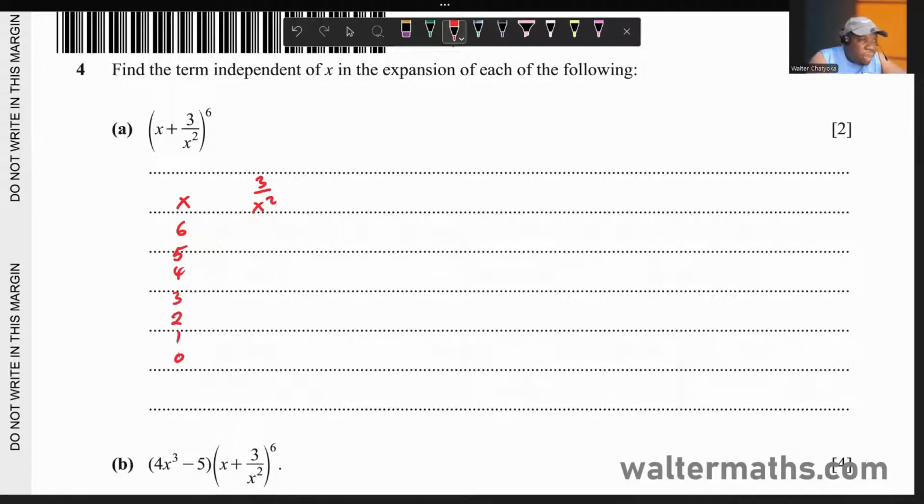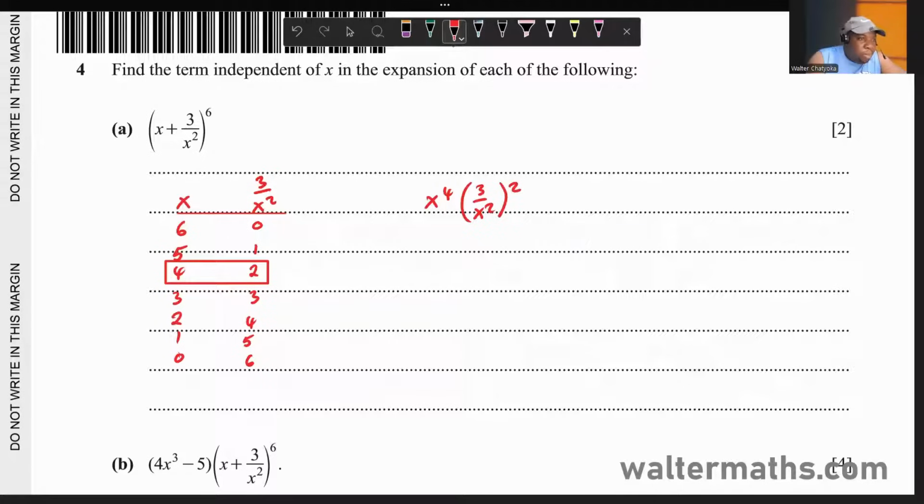The powers of 3 over x squared start from 0, then 1, 2, 3, 4, 5, 6. Now, to get a term independent of x, the powers of x and that of 3 over x squared have to be the same. And that can only happen when x has a power of 4, something like x power 4, and 3 over x squared has a power of 2.